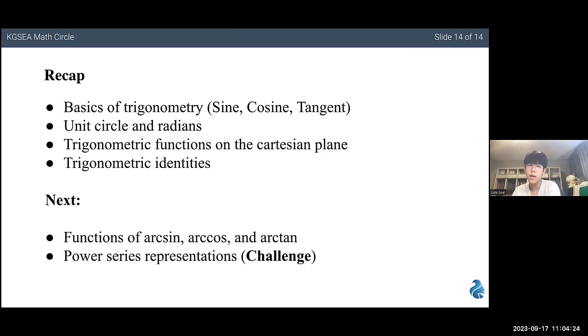If you guys want to have some more challenges, I'd challenge you to study more about the functions of arcsine, arccosine, and arctangent. And if you're really up for a challenge, try to get the power series representations of the sine, cosine, and tangent values. Thank you, and that was my KGSEA lecture.